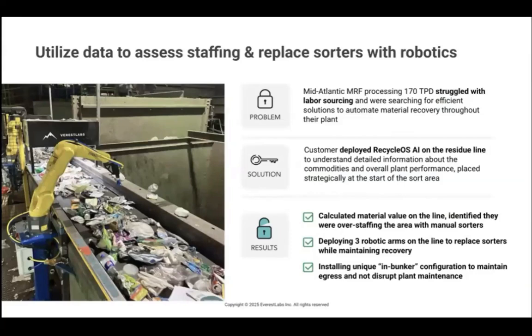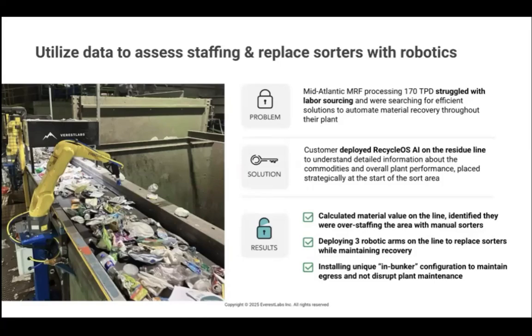In their MRF, they have a long flat conveyor towards the end of their material flow that's kind of like a container line, but it also acts as their last chance line. And there's a platform on one side where sorters stand, and then across from that conveyor, there are bunkers for the different plastics and UBC.